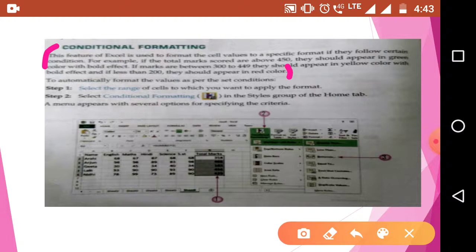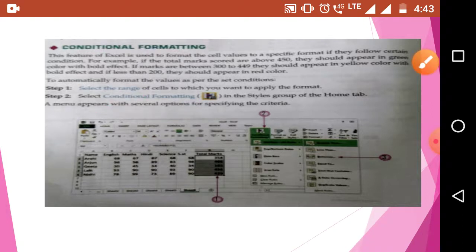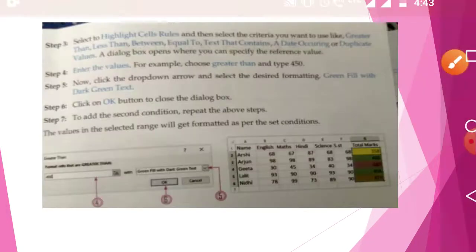Okay, just like step 1, select the range, then you have to write down from that conditional formatting. And again it is present, third step, highlight cells rules, enter the values, click the drop-down arrow, click on OK.